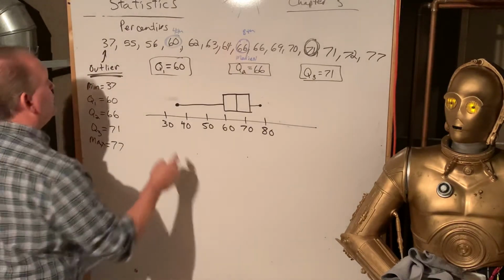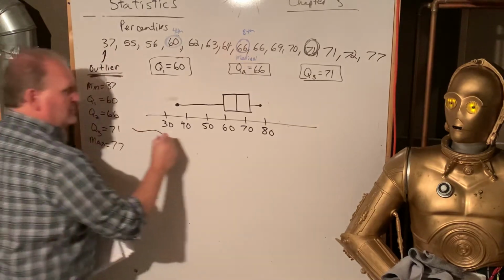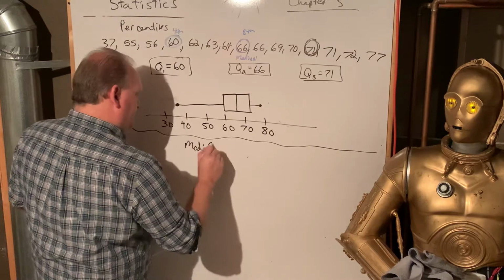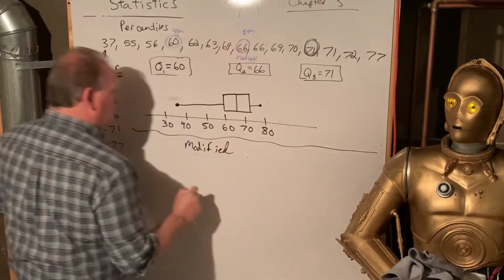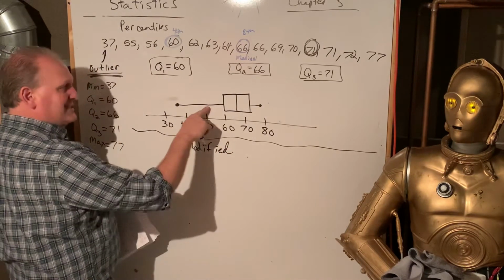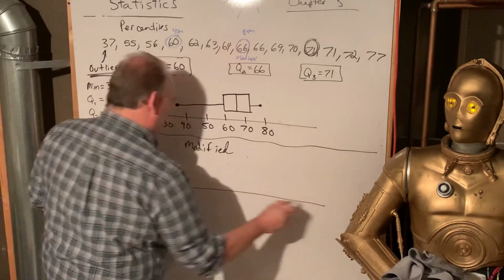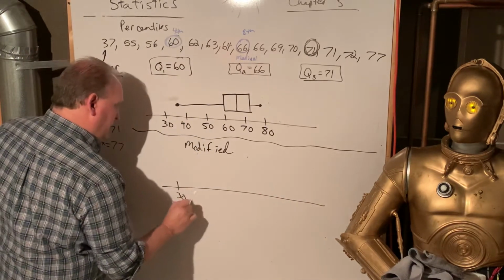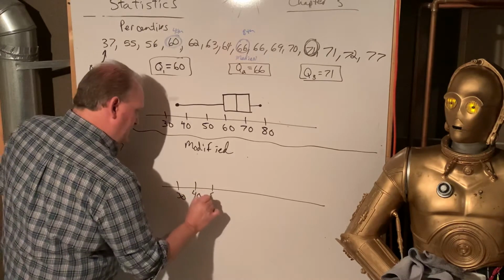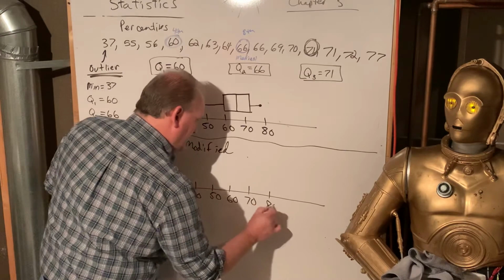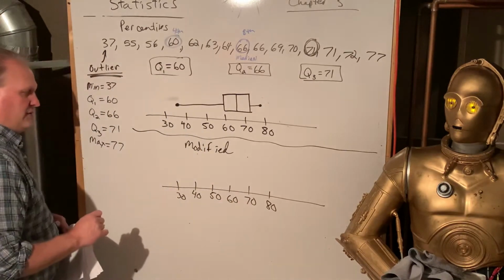But now, we identified this as an outlier. So we have what's called a modified box plot. And what you do with that is any outlier doesn't get connected to this line. So what we do, it looks almost identical. 30, 40, 50, 60, 70, 80. So I do that first. So I have uniformity down there.